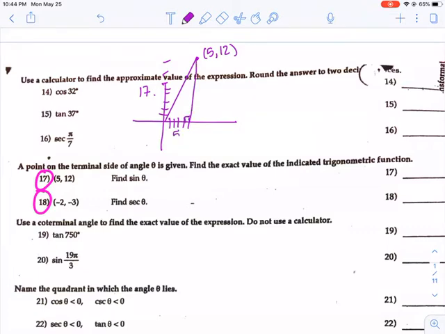This length is 5. This length is 12. Pythagorean theorem tells us our hypotenuse, 5 squared plus 12 squared equals c squared, would have to be 13. So if here's my angle, and I want to find the sine of this angle, it's going to be opposite side, which is the 12, over the hypotenuse, which is 13. So our sine is 12/13.